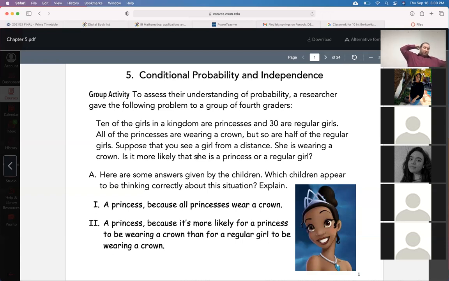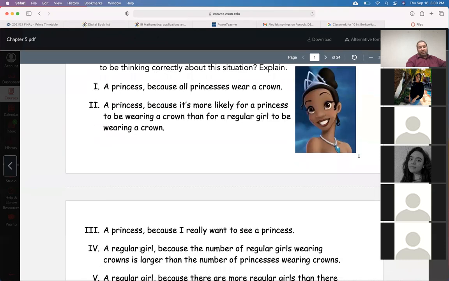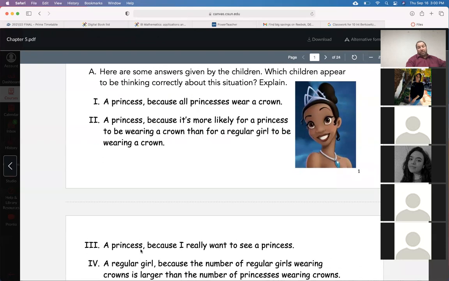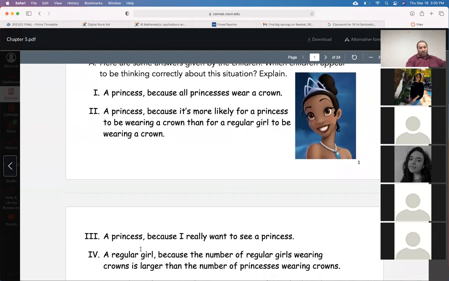Now, we're not going to answer it yet, but here are some answers given by the children. Child 1 says, oh, it's a princess because all princesses wear crowns. And number 2 says it's a princess because it's more likely for a princess to be wearing a crown than for an other lady to be wearing a crown. 3 says it's a princess because I really want to see a princess. I'm pretty sure that's not the correct answer.